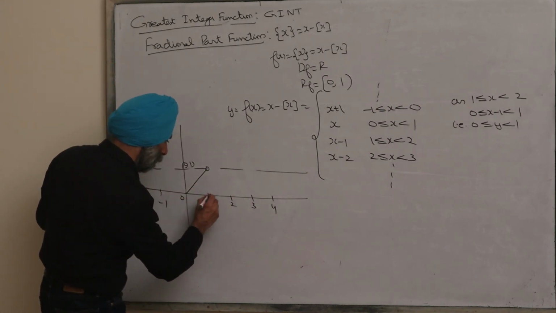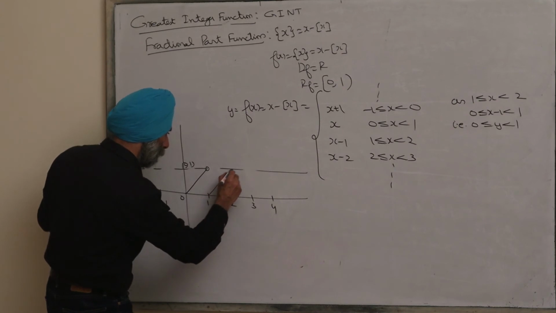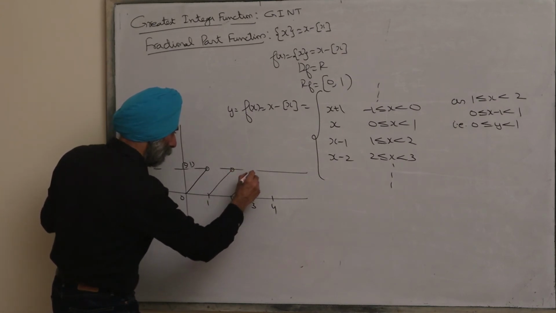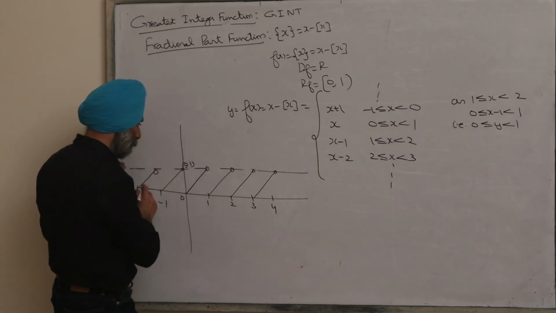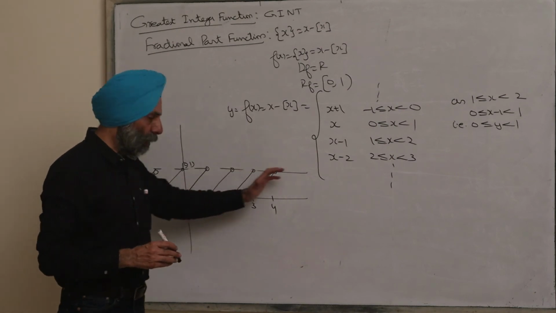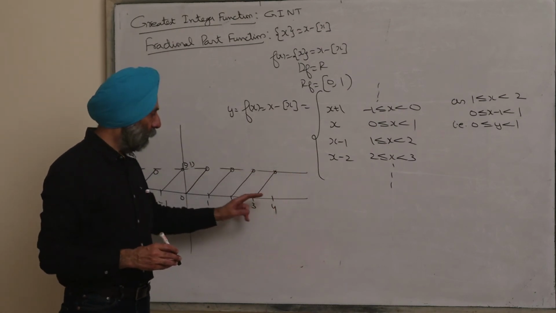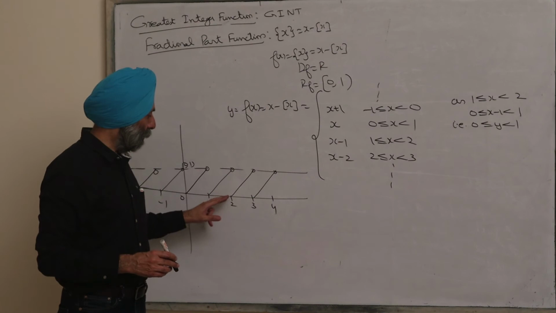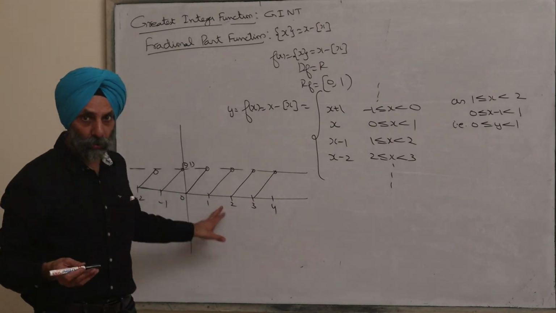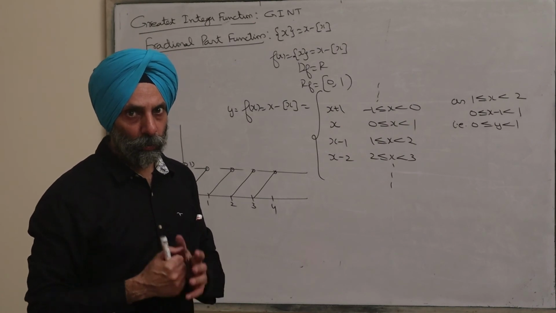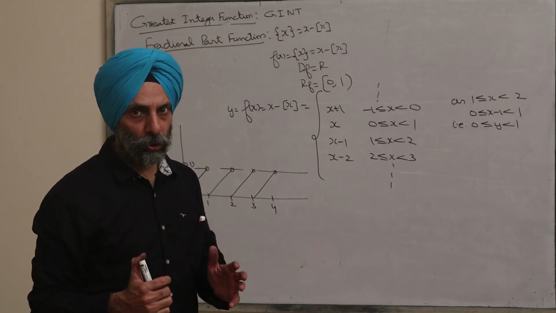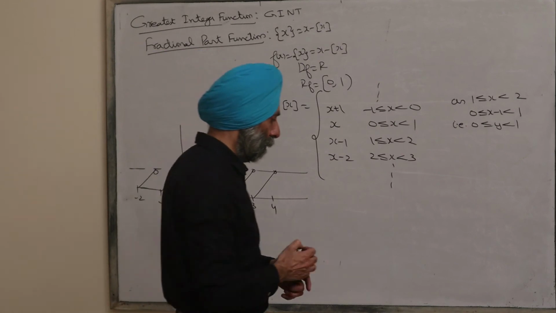So similarly, when x belongs to 1 to 2, graph is like this, and so on. These are all parallel lines and they cannot take value 1, but we can take value 0. So domain of this function is whole of the real line, but range of this function is closed interval 0 to open interval 1.